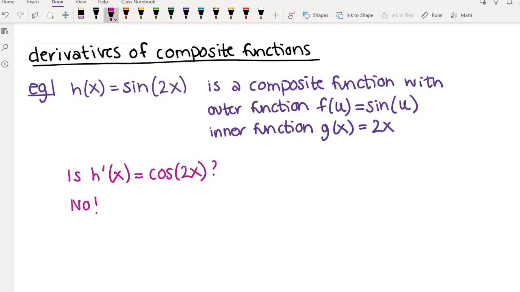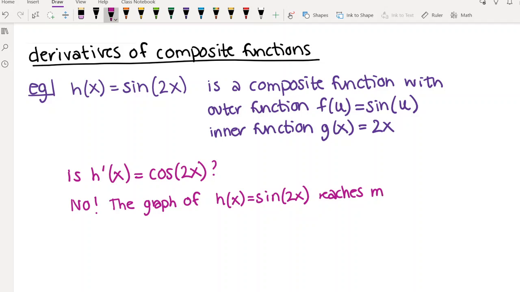Basically, the reason is that if we look at the graph of h of x is equal to sine of 2x, it reaches a maximum steepness of 2 or -2 slope.